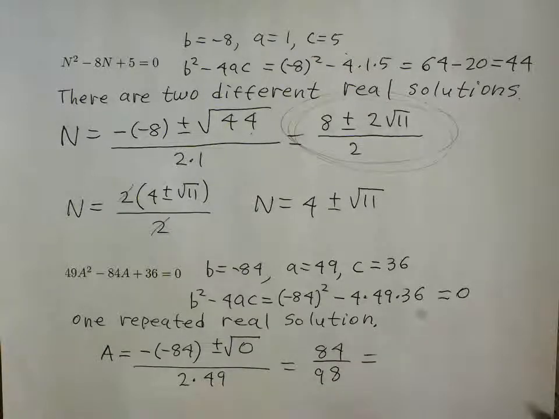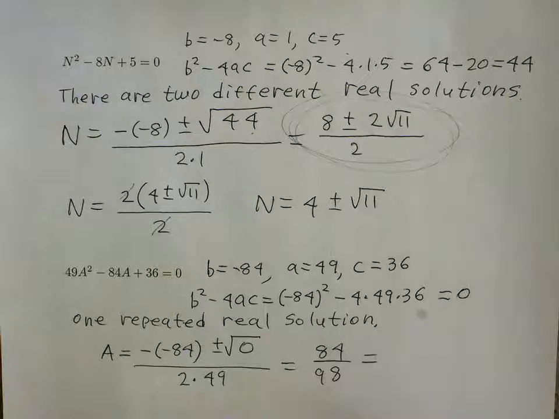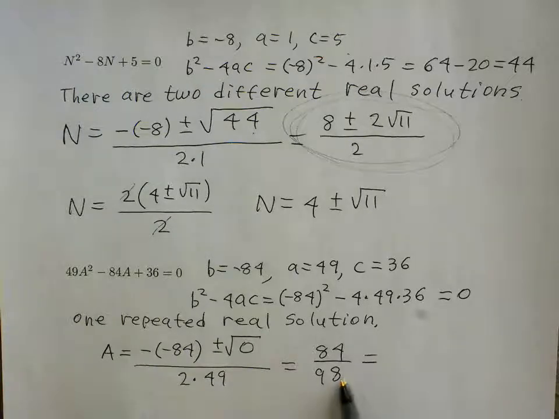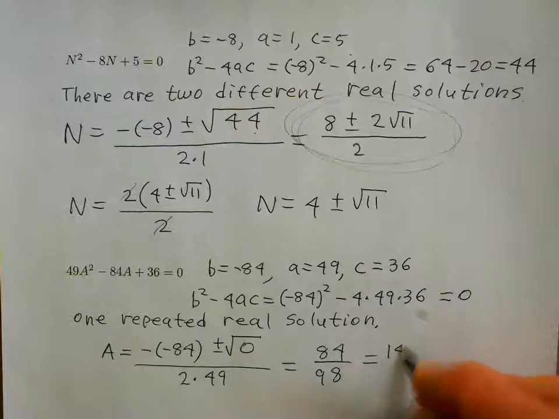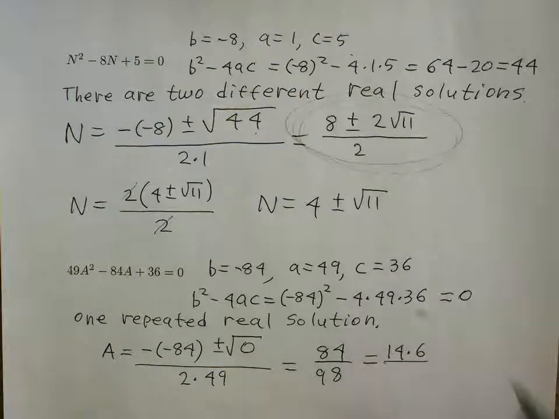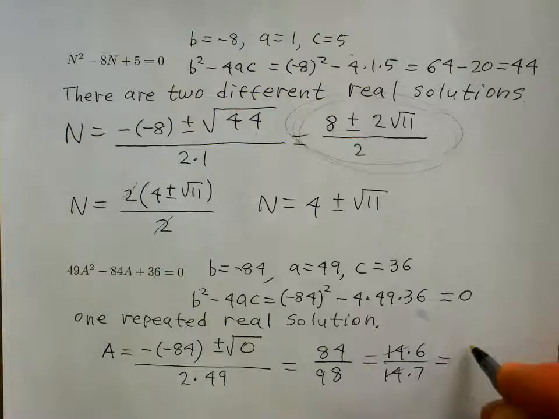And then this can be written in lower terms. Let's see. 14 is a common factor. 14 times 6 is 84. And 14 times 7 is 98. 14 divided by 14 is 1. And so the repeated solution is 6/7.